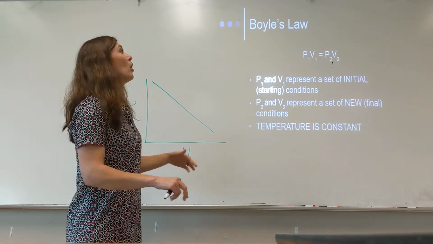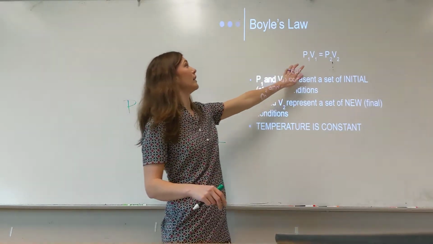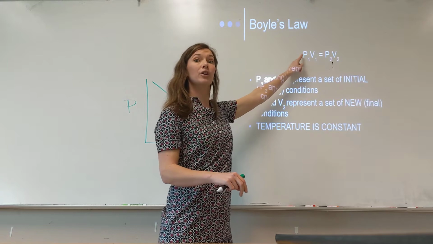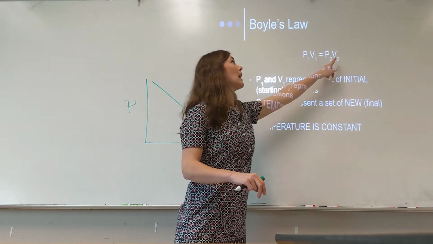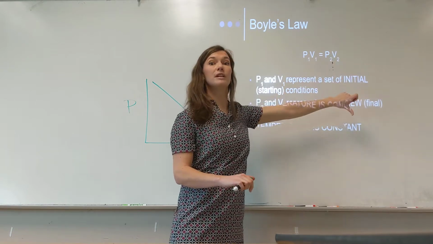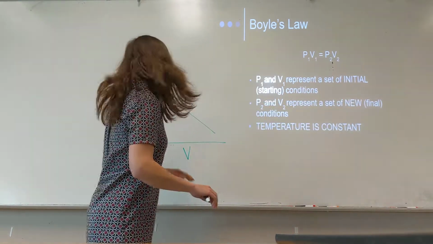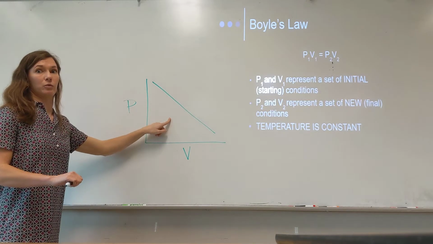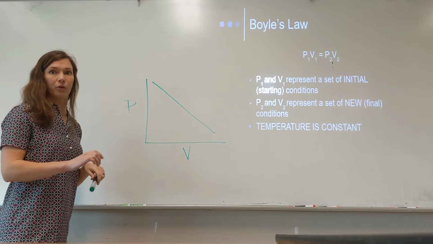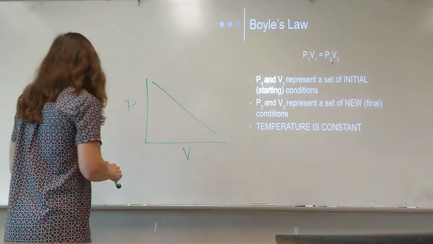Or if you're given an initial set of conditions of pressure and volume, and they say your pressure increases, and you're solving for volume, then your volume should decrease. So these are indirectly proportional to one another. Easy way to check your answers. So we're going to go through a couple of problems right now.